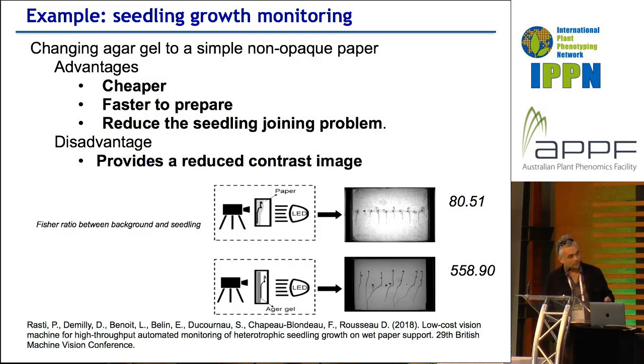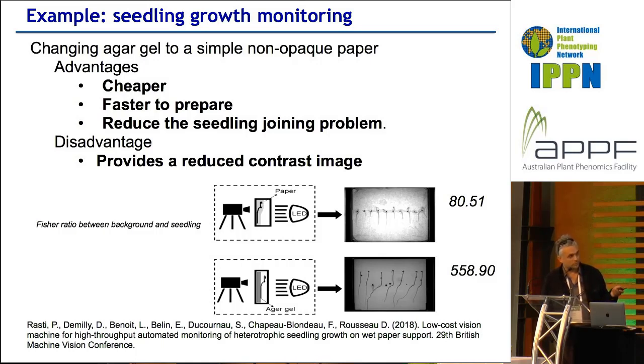We were monitoring the growth of seedlings under backlight here. Usually it's done with agar gel, which is somewhat costly to prepare because you have to take care that the layer is very flat and so on.